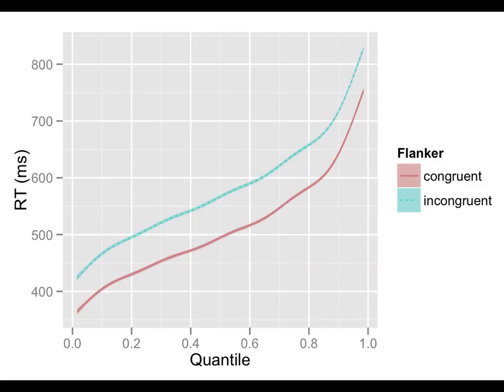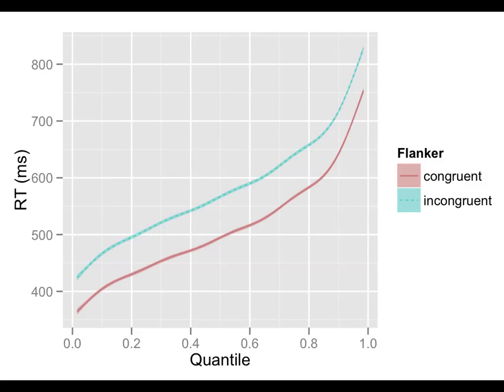So here we've got an experiment where you've got flankers on either side of the targets, and those flankers can be either the same as the target, in which case they're called congruent, or they could be different from the target, in which case they're called incongruent. So the incongruent are these ones here, the congruent are these ones here.